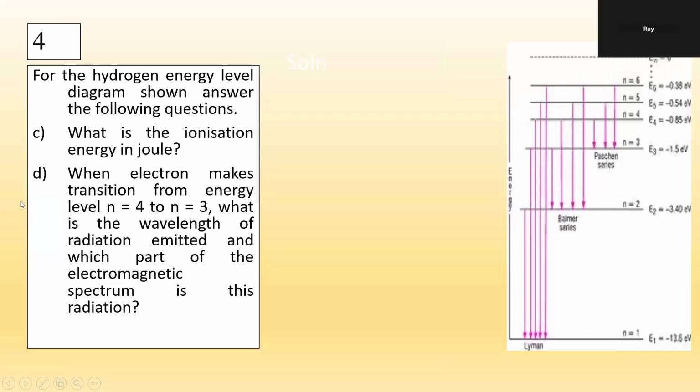Okay. For the hydrogen energy level diagram shown, answer the following question. What is the ionization energy? Getting you to read the diagram. What is the ionization energy in joule?